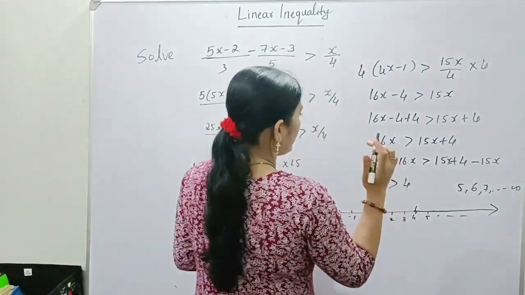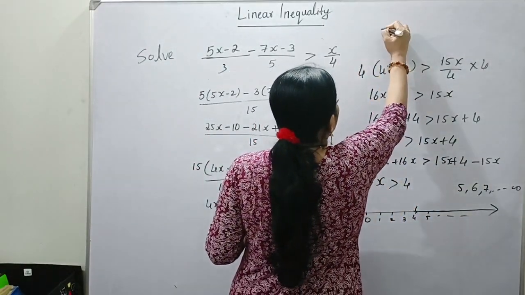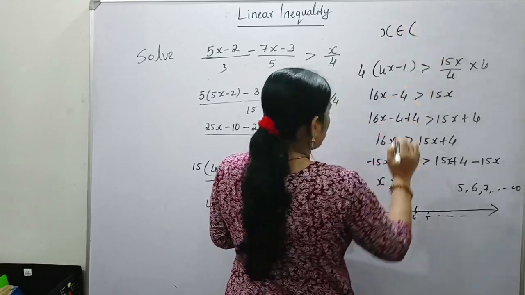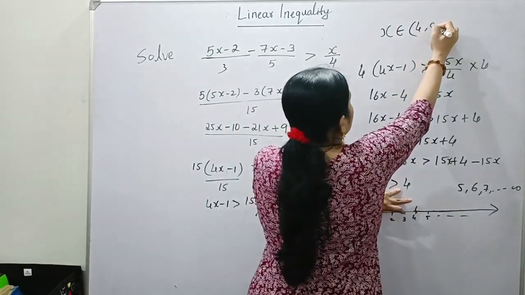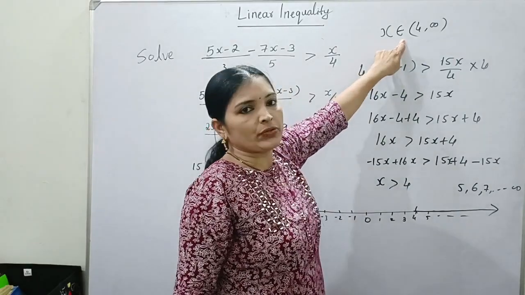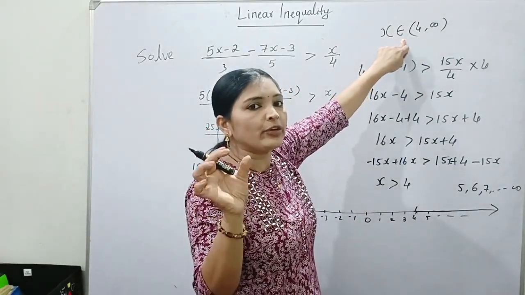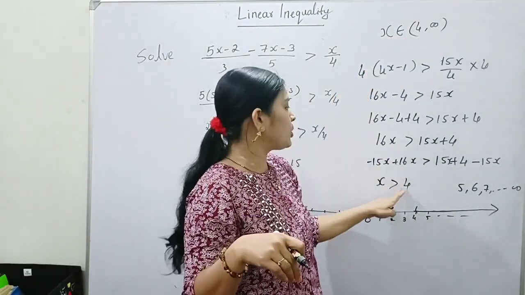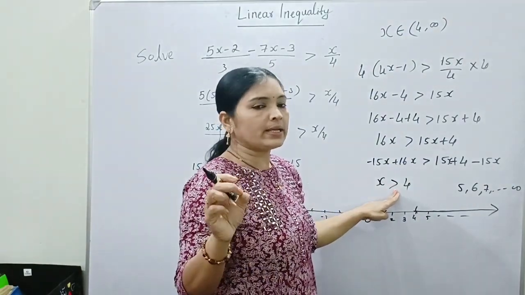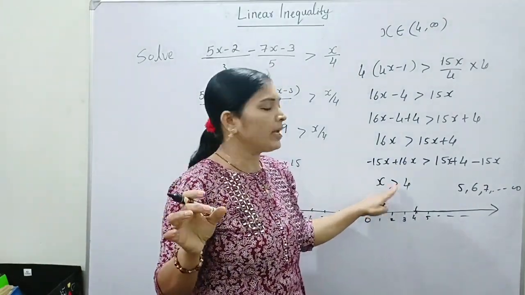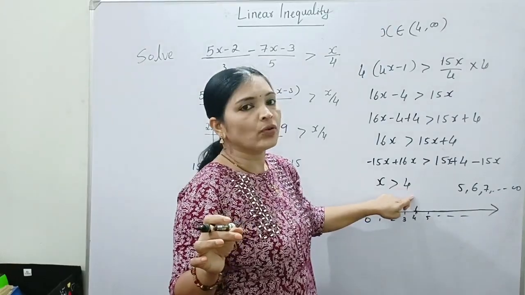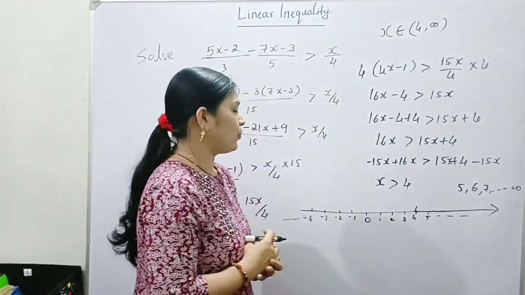Or writing in interval form, you can write x belongs to 4 to infinity. Here it is an open interval because the exact value 4 is not included, because here no equal, only strict inequality greater. So x belongs to 4 to infinity.